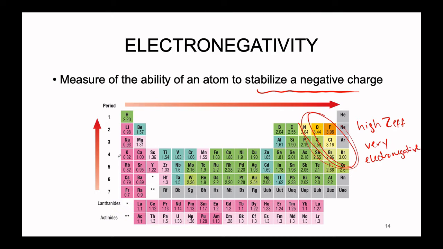The elements in the lower left-hand side of the periodic table, all of these pink elements, have very low electronegativities because they have very low effective nuclear charges.